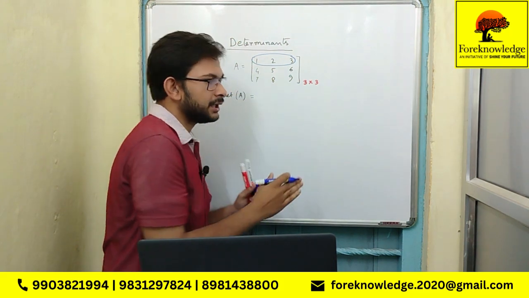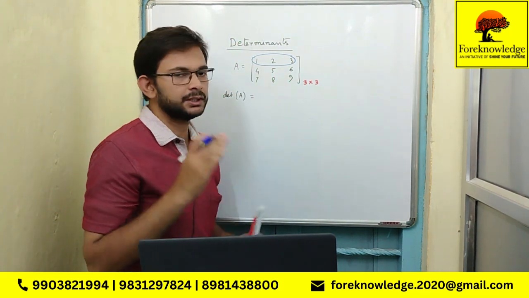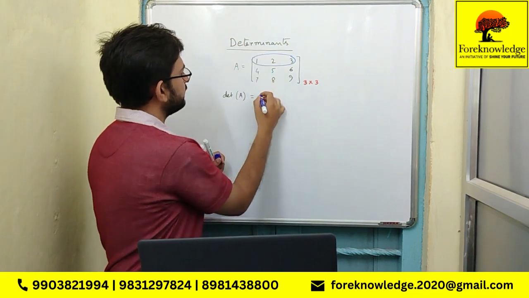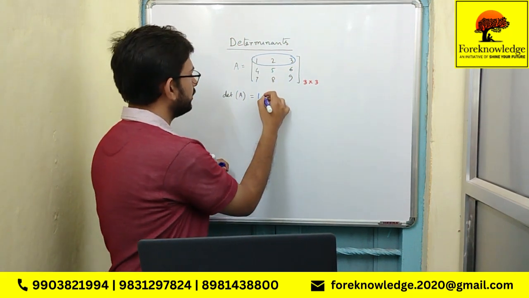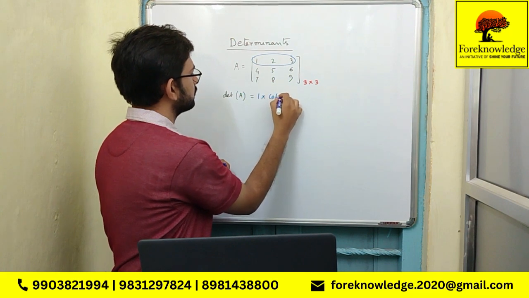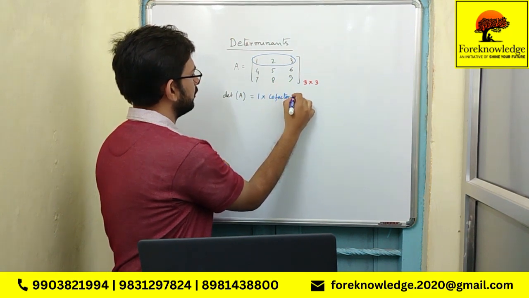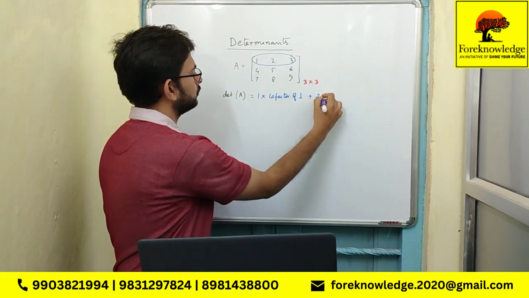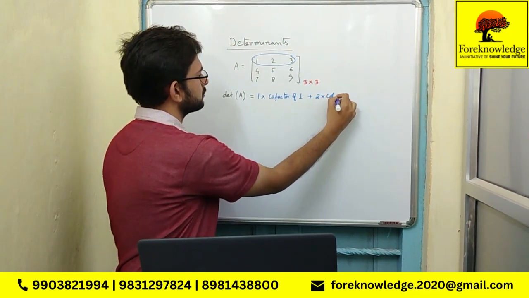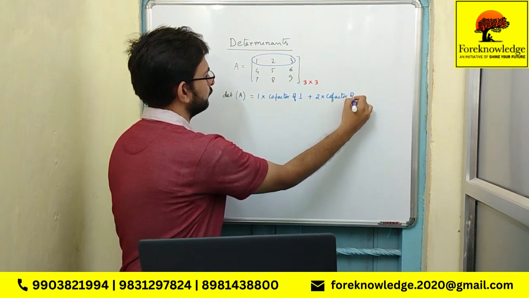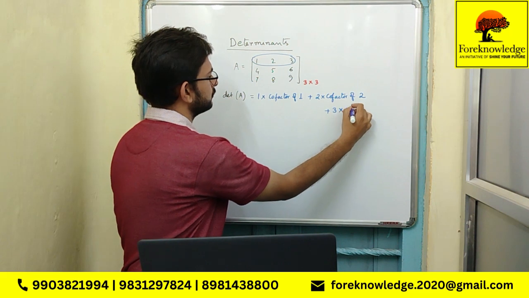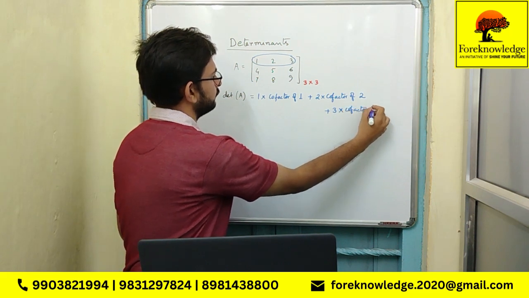If we are about to calculate the determinant along the first row, then the formula will be the element 1 into cofactor of 1, plus the element 2 into cofactor of 2, plus 3 into cofactor of 3.